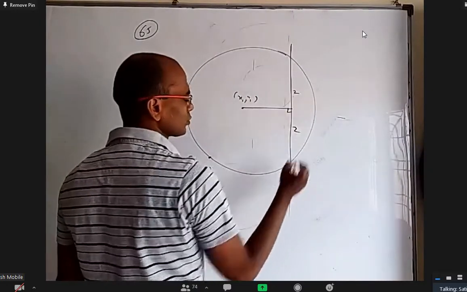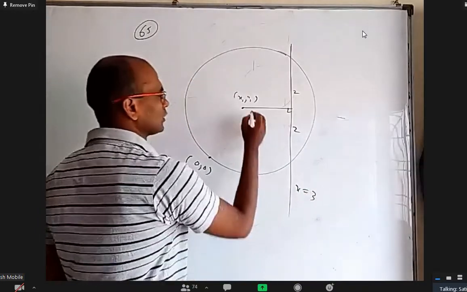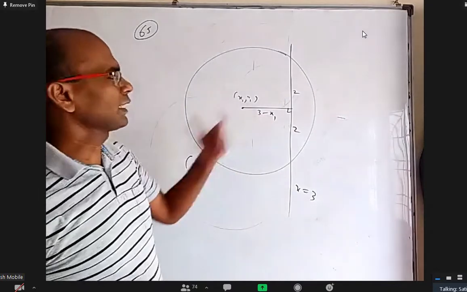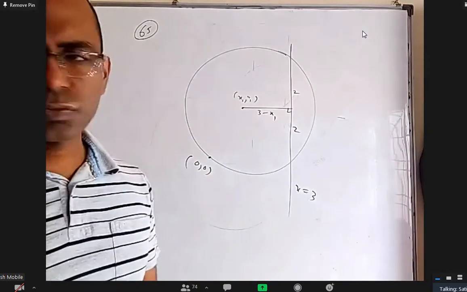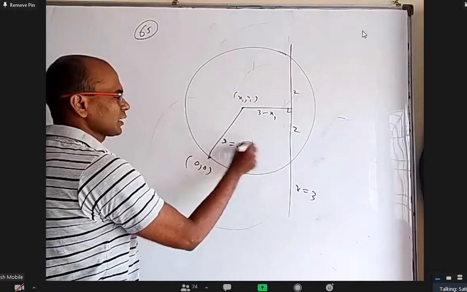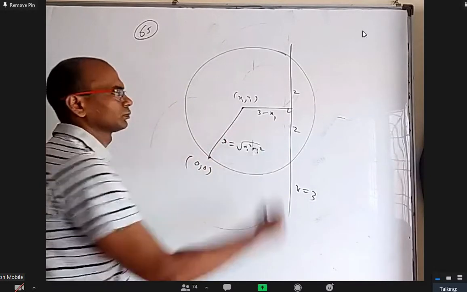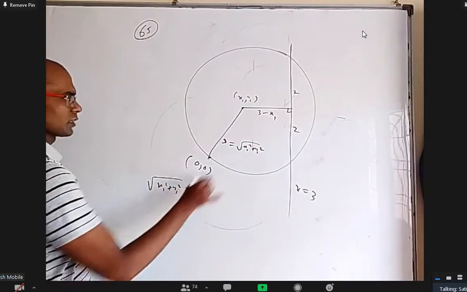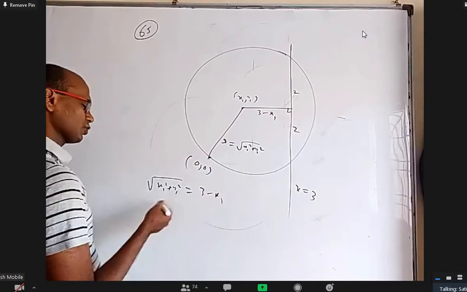This is 2 units, and the line is x equal to 3, so this length is 3 minus x1. So that should be the radius. I can also use the 2 root r square minus d square formula, but another way to find the radius is R equals root of x1 square plus y1 square. So you can equate root of x1 square plus y1 square to 3 minus x1.